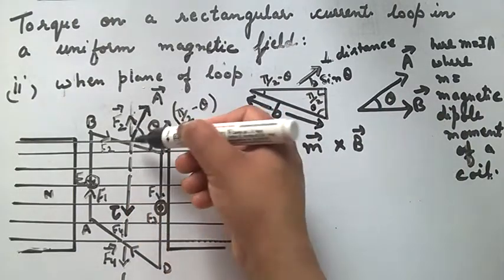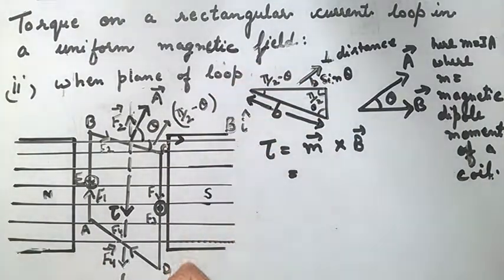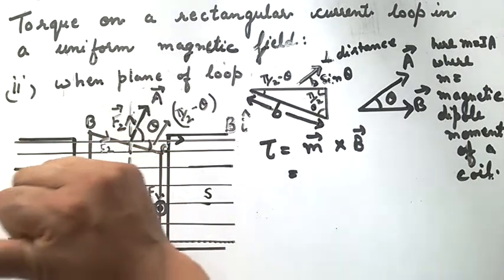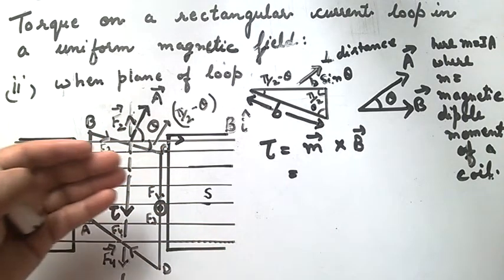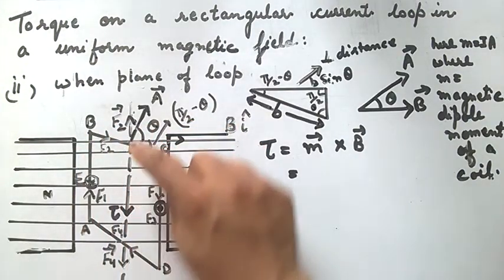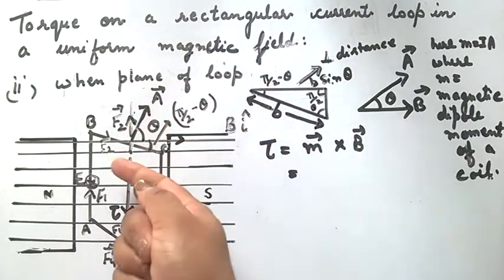If the direction of current is clockwise, then the area vector is vertically outward in this direction. Now, as the direction of current is anti-clockwise, therefore the area vector is vertically outward. We cannot take it in this way when the current is flowing in anti-clockwise direction.